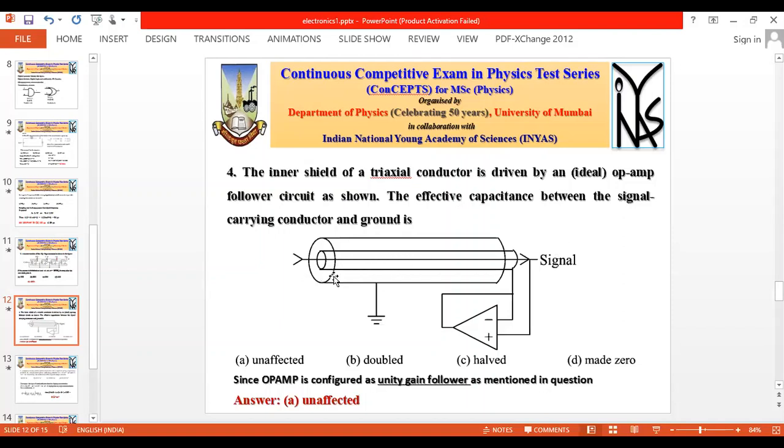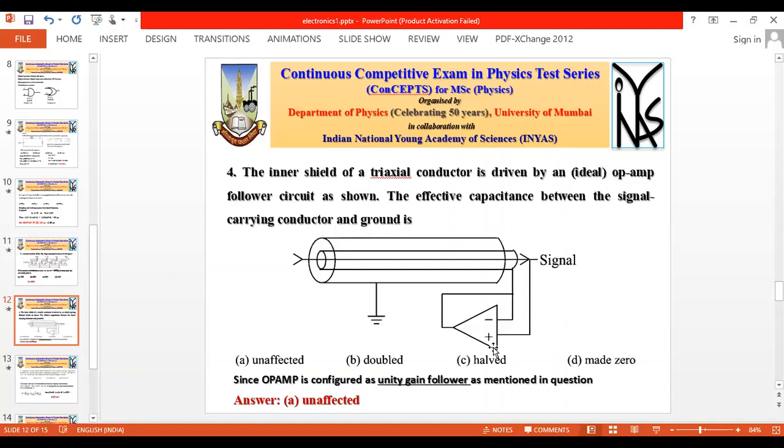From the diagram we can see some signal is passing through the op-amp, and the configuration is like this. This is connected to a signal and the grounding of this thing. So the capacitor will act like an attenuator.